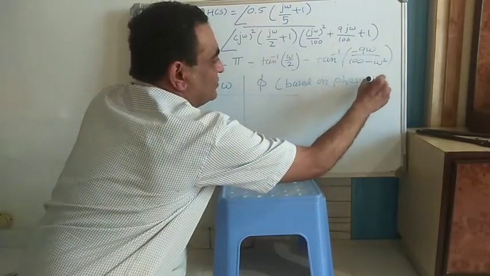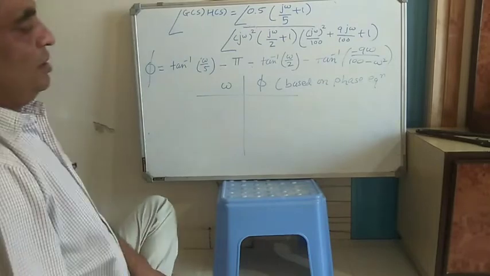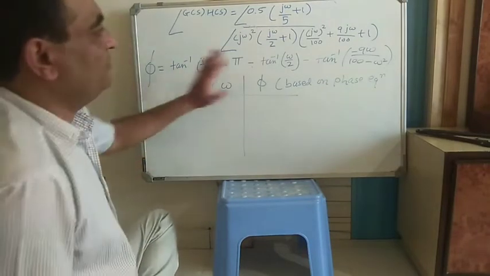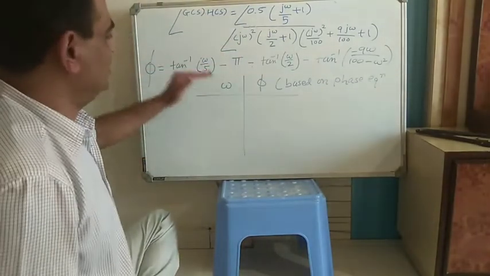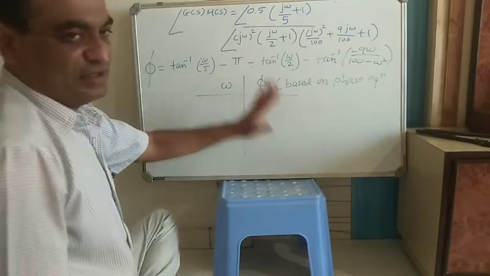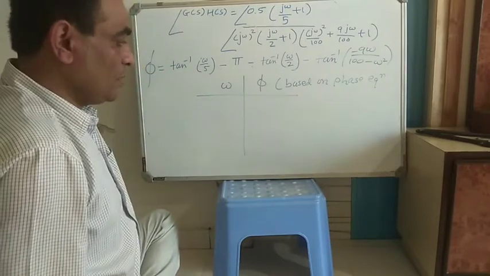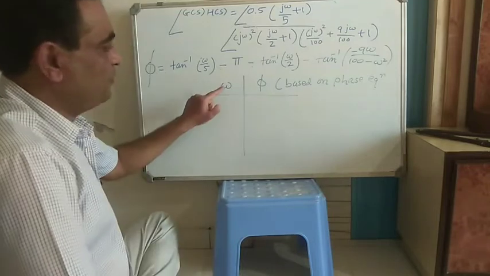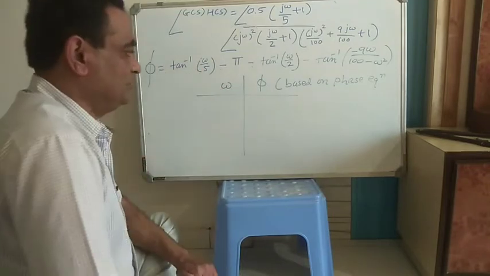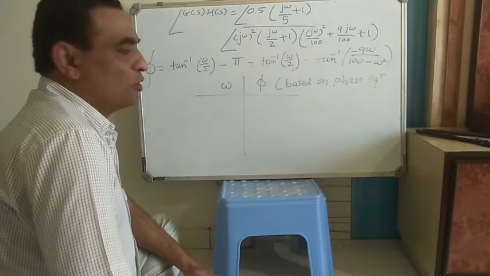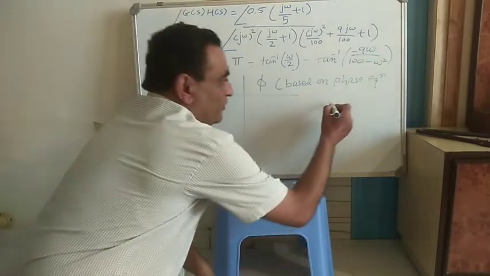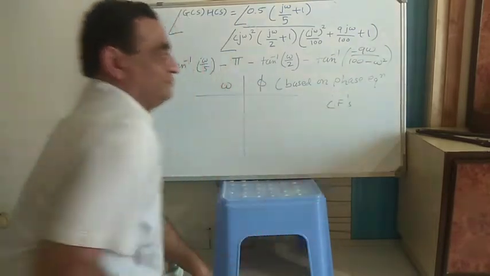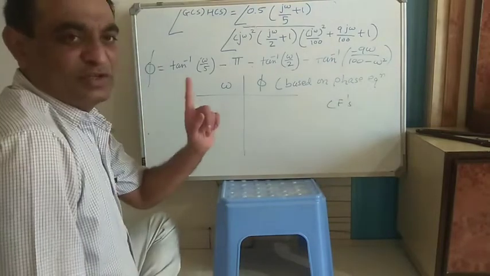With the help of a calculator, you can replace different values of omega and find the phase. Now the question is, from where do we need to start? From which omega do we need to select? For example, you have your corner frequencies, okay? So you have the lowest corner frequency.